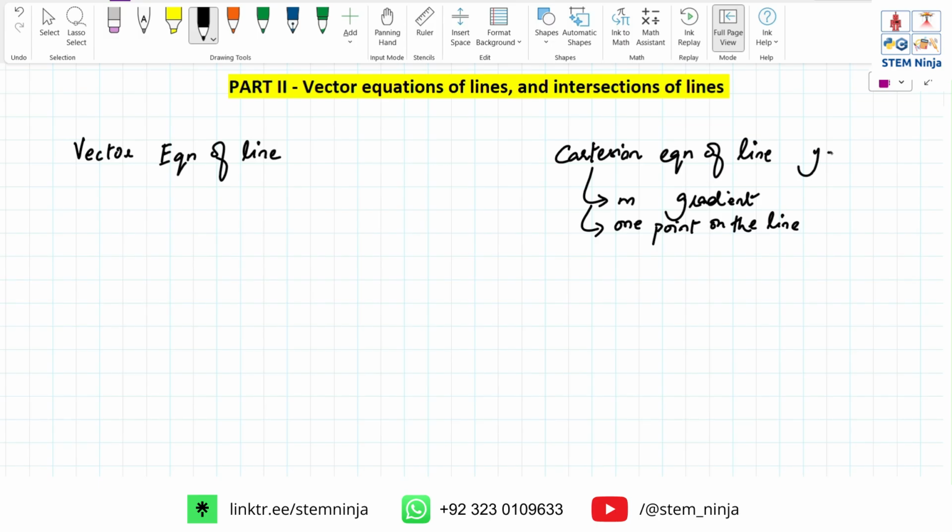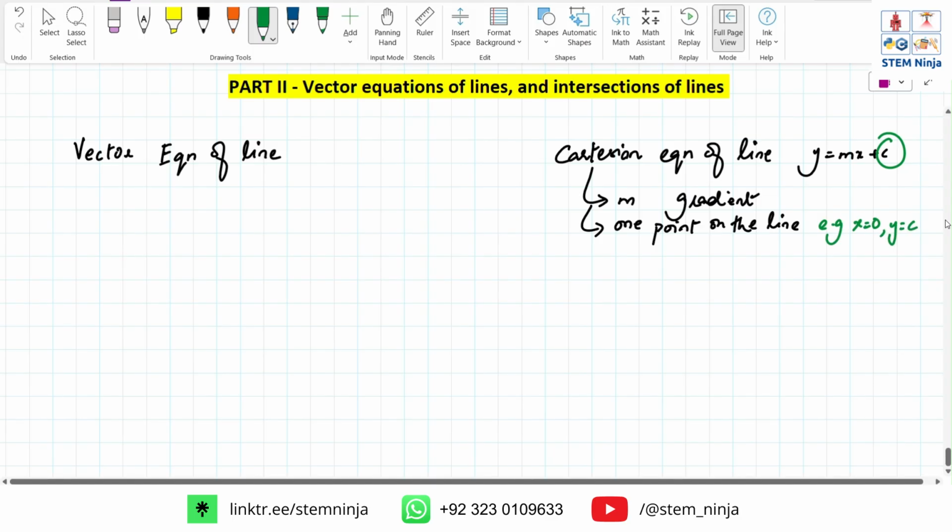In y is equal to mx plus c, this point could be, for example, when x is equal to 0, y is equal to c. And it's not just restricted to this y-intercept, it could be any point on the line.